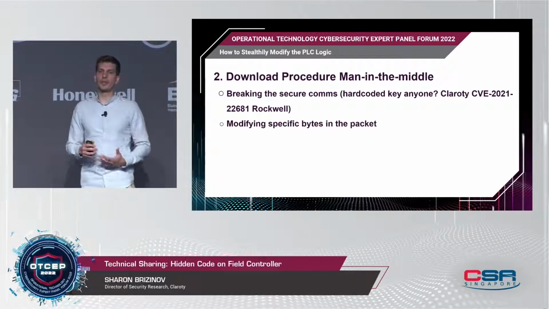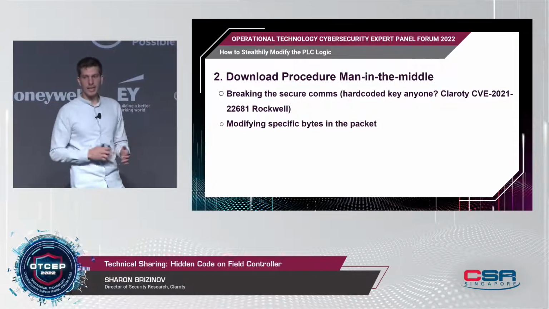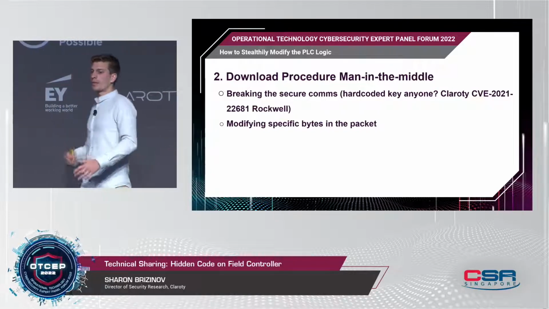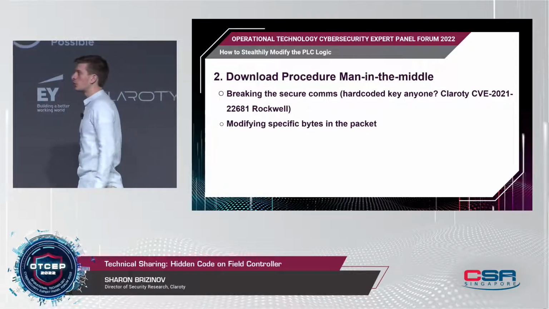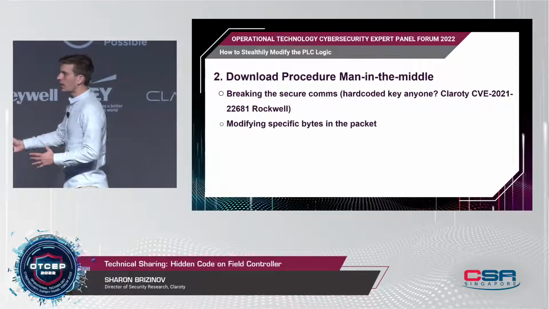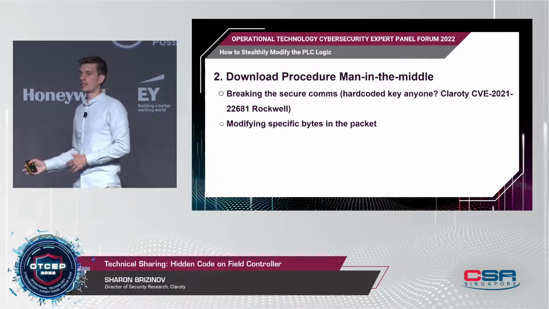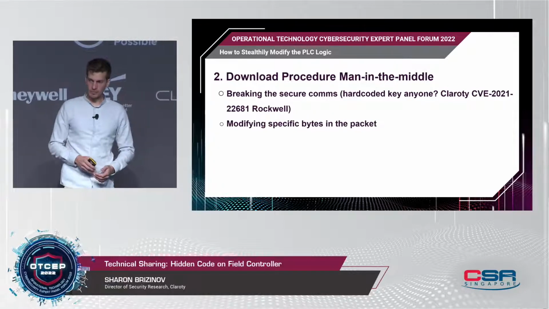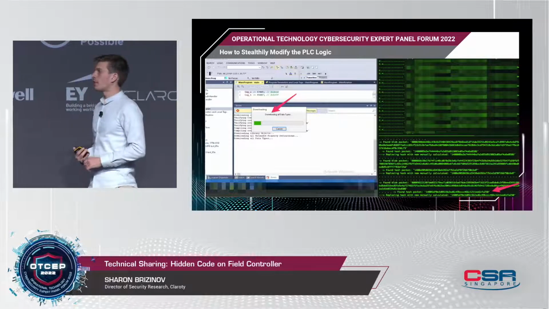The second method we have developed in our labs is a download procedure man in the middle. So what we're doing is we're breaking the secure communications between the engineering station and the PLC, and we're modifying packets on the fly. So we're doing a man in the middle attack. Here you can see an example from Rockwell.